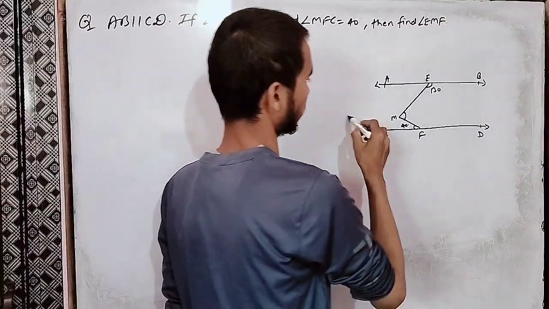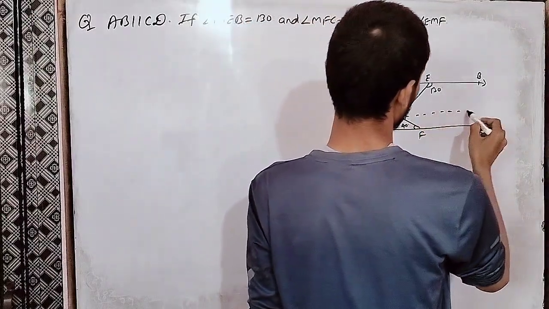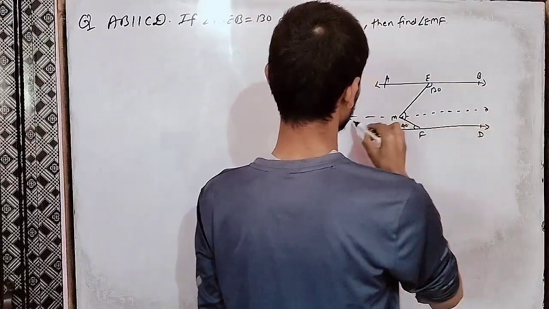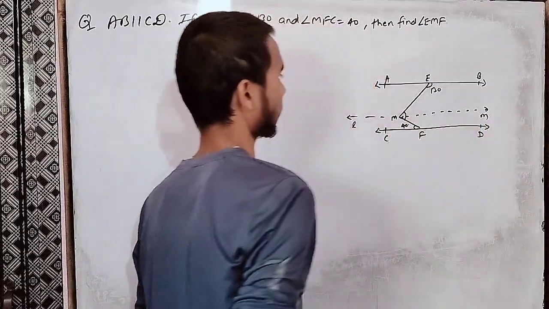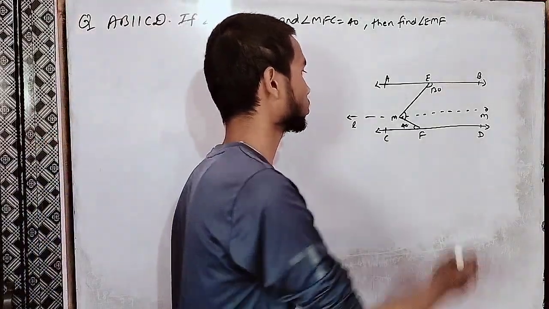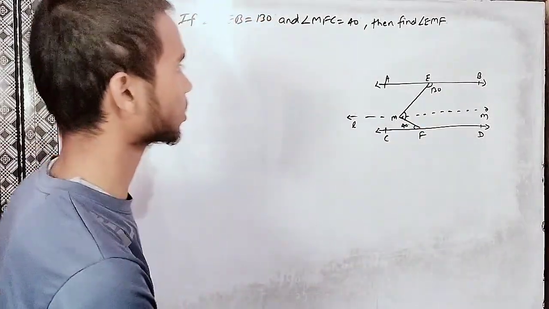We can draw a line here. The name will be LM because this is the vertex.